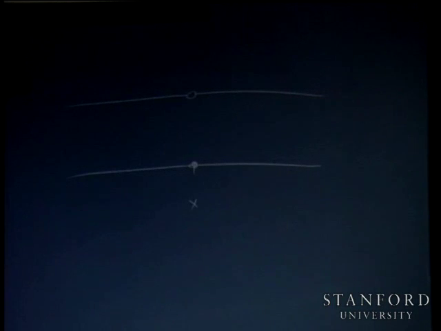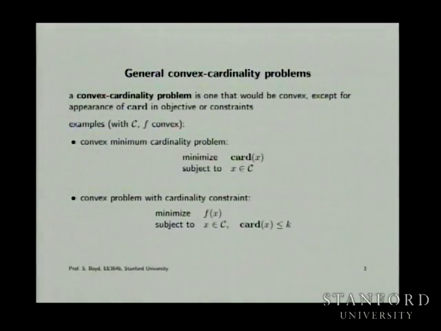Okay, so a convex cardinality problem is a problem that would be convex, except cardinality comes into the problem somewhere. It might come in the objective, but it also could come in a constraint. And these are really interesting problems. So is this one. This says the following: find me the sparsest vector that lies in a convex set. Boy, are there a lot of applications of that.